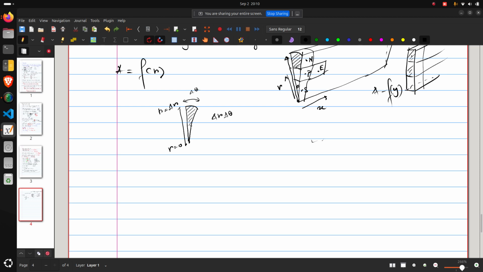Yeah, it will be a sort of a line, but anyway you will have some finite thickness. It means that some delta theta will be there. You understand?